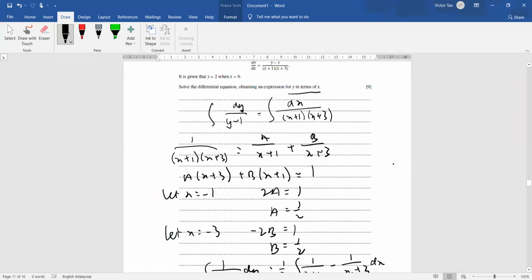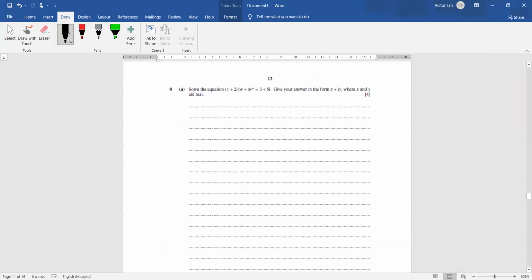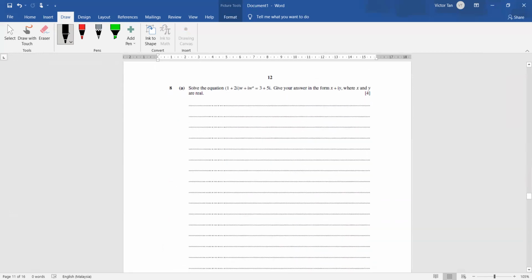Give your answer in the form x plus iy, where x and y are real. Okay, you're given w.